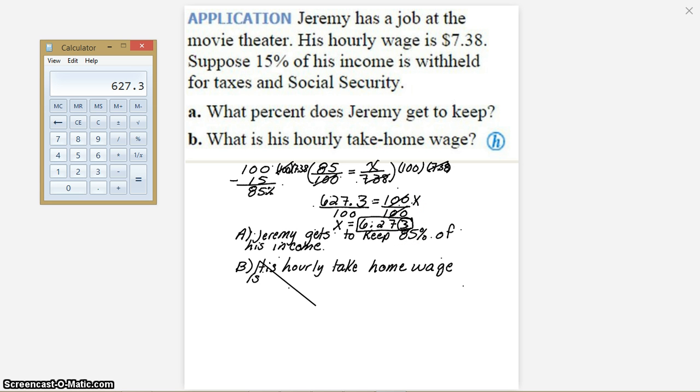We have this extra 3, so we're going to round. And since this 3 is smaller than 5, it's just going to stay $6.27. So his hourly take-home wage is $6.27.